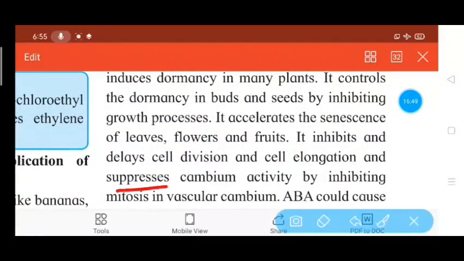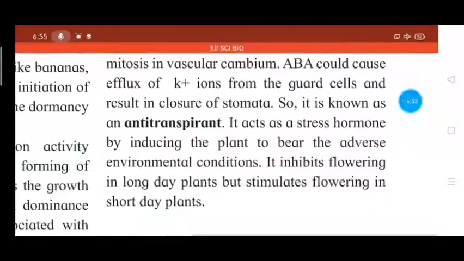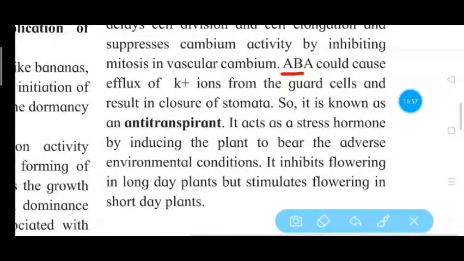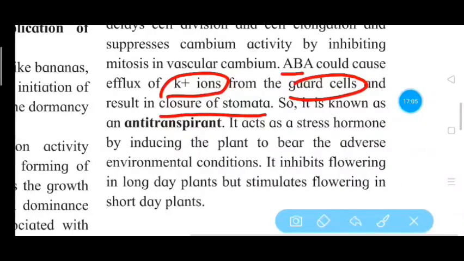It suppresses the cambium activity by inhibiting mitosis in vascular cambium. Abscisic acid could cause efflux of potassium ion from the guard cell and result in closure of stomata. This mechanism closes the stomata. This is known as anti-transpirant.